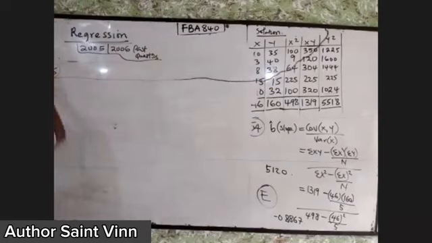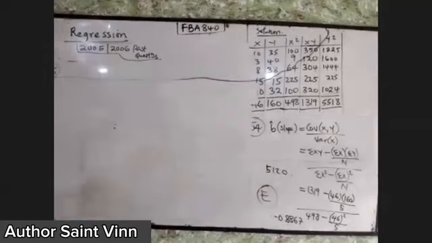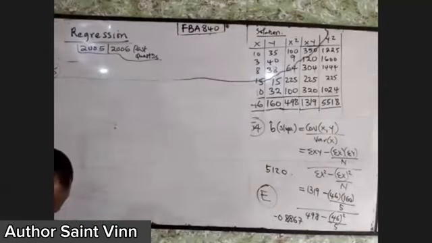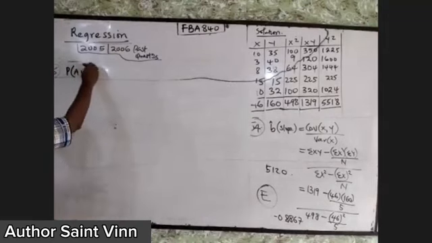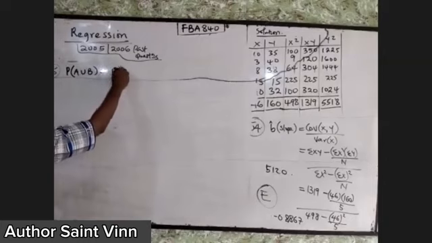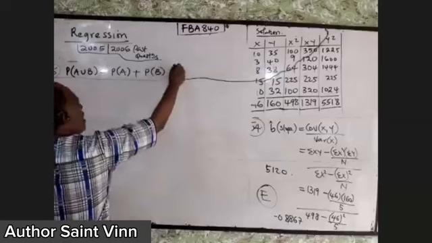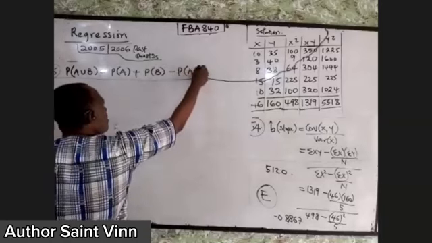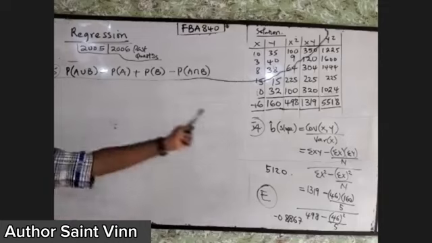Number 15 centers on probability and our knowledge of sets that relates to probability. In simple language, probability of A union B is always equal to probability of A plus probability of B minus probability of A intersection B. That's the formula.